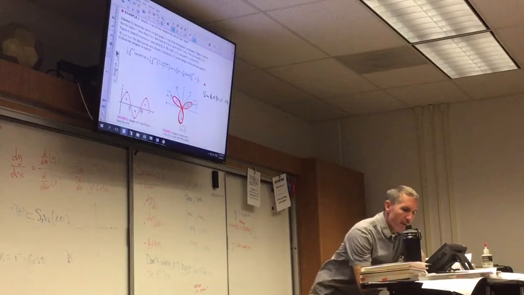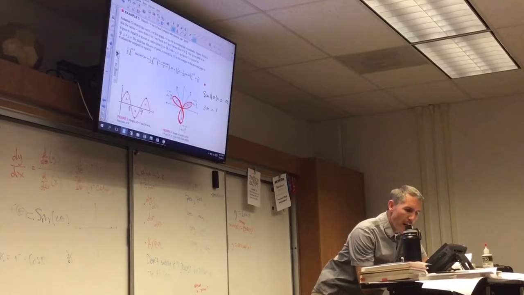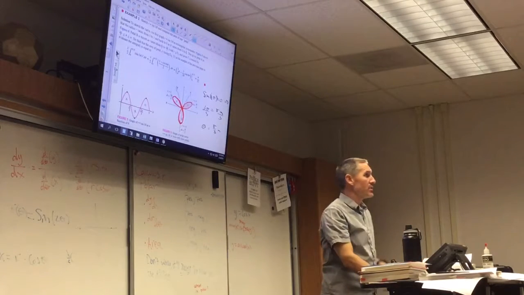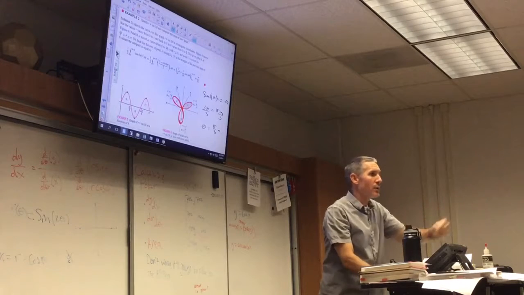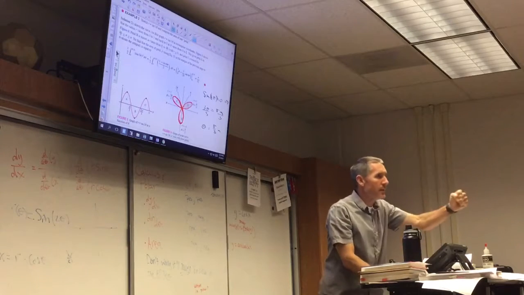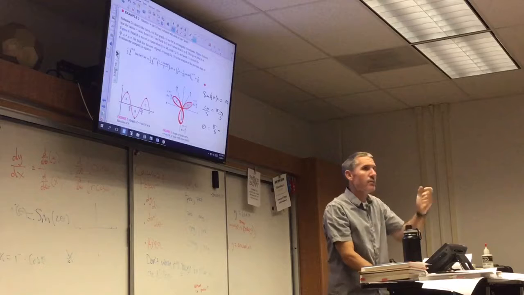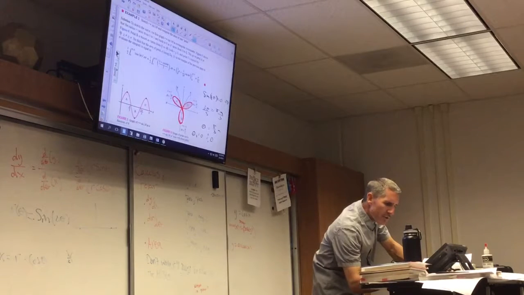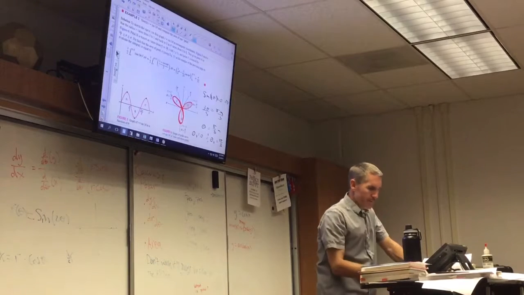So therefore, 3 theta equals pi times n. Divide by 3, divide by 3. You get that theta equals pi thirds times n. So when n is equal to 0, you're at 0, and then pi over 3, and then 2 pi over 3, and then 3 pi over 3, or pi, and then, right? So I'm going to use theta 1 equals 0, and theta 2 equals pi over 3.